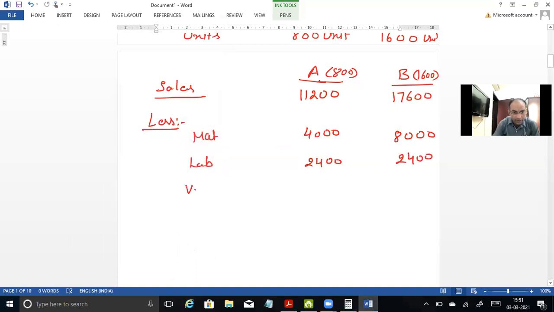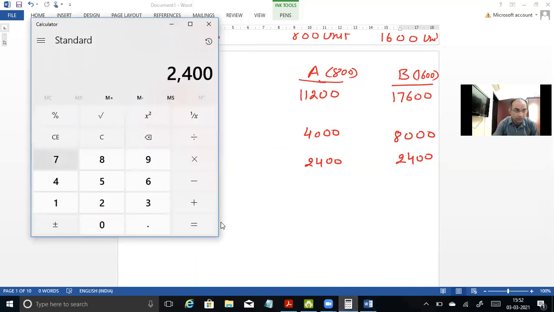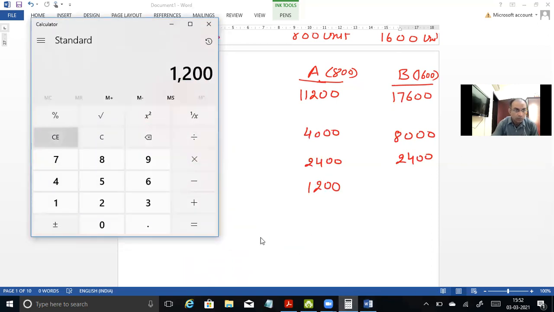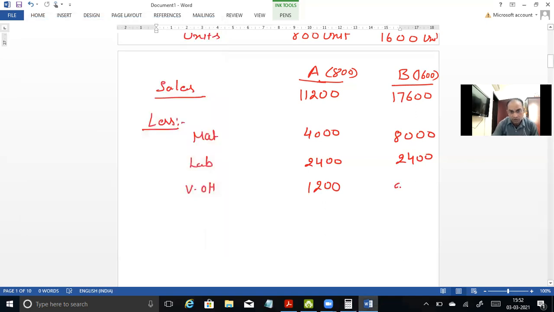Now variable overheads are given to us as 1.5 in each case. So 800 multiplied by 1.5 is 1,200, and here 1,600 multiplied by 1.5 is 2,400. Fine. So these are our variable expenses.